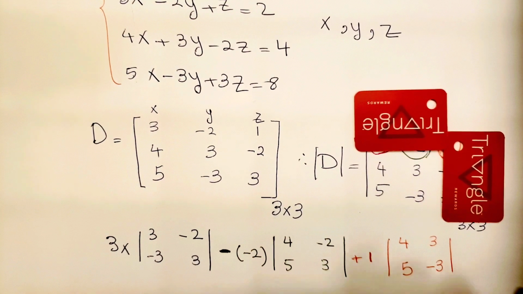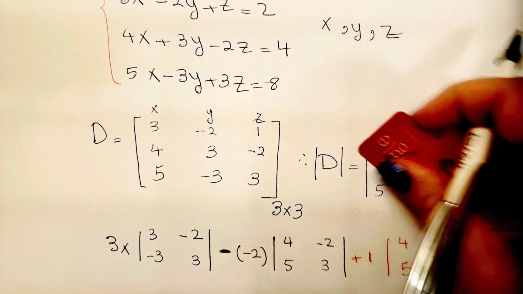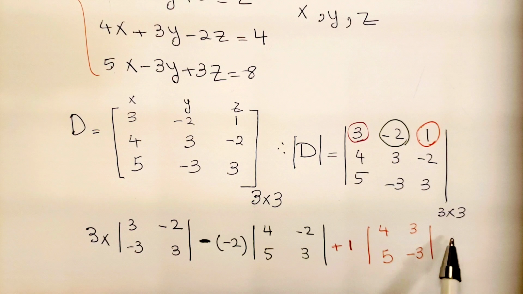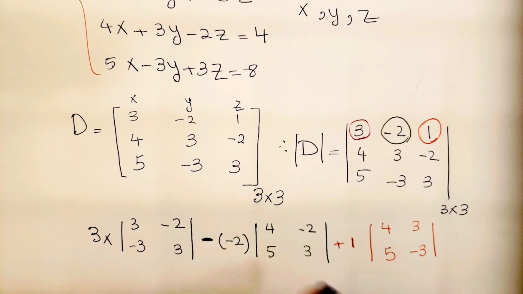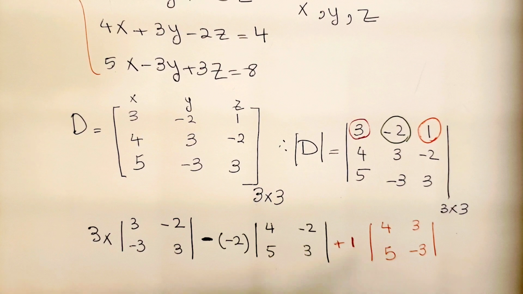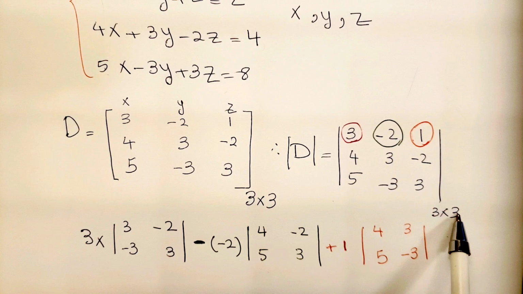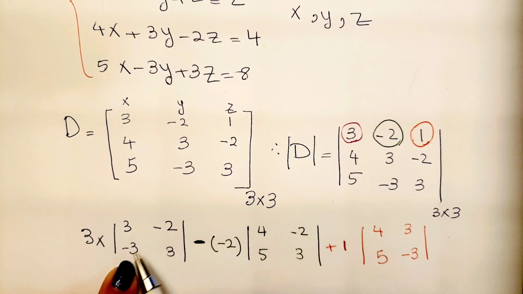So as you can see, my original 3 by 3 determinant is broken down into three 2 by 2 determinants. In order to find the final answer for this 3 by 3 determinant, I have to find the answer to each of these 2 by 2 determinants.